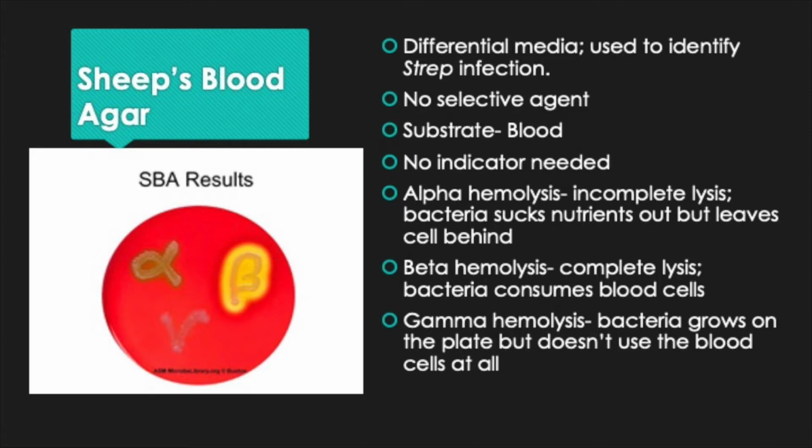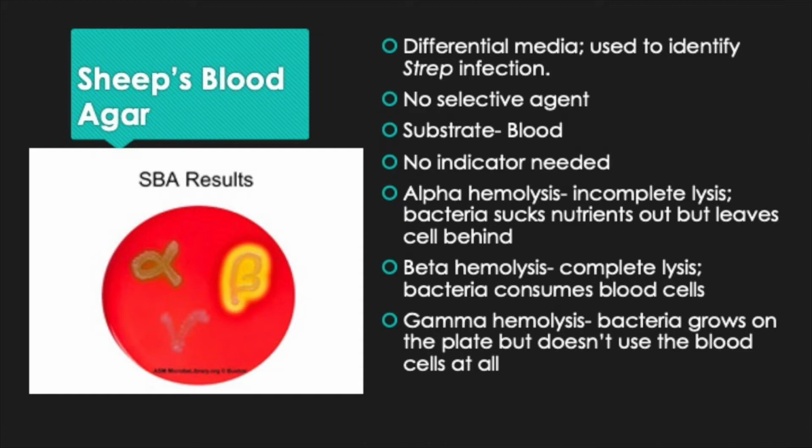So incomplete lysis or alpha hemolysis, these bacteria have the ability to suck the nutrients out of the blood cells, but they do not have the ability to completely consume the blood cells. And that's why it's called incomplete lysis, because they can still utilize the nutrients, but they just can't completely consume the blood cells. So this is called alpha hemolysis. And again, the result of that is going to be a green color.